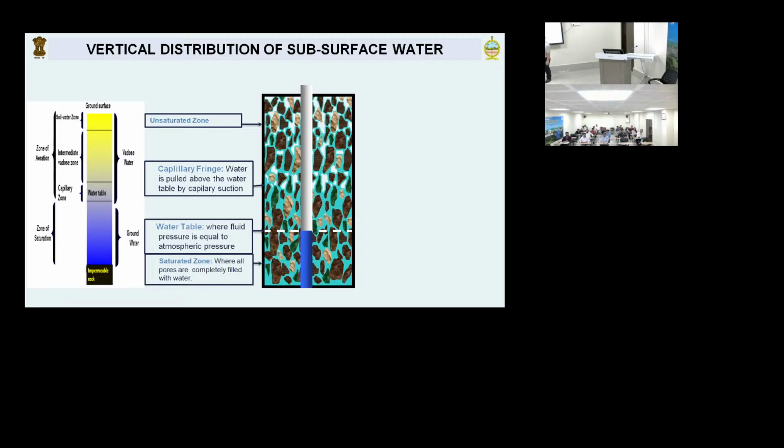The zone of aeration comprises the soil water zone, intermediate water zone, and capillary zone. You don't need to remember all of these; this is just to show how the vertical distribution of subsurface water exists in the subsurface.